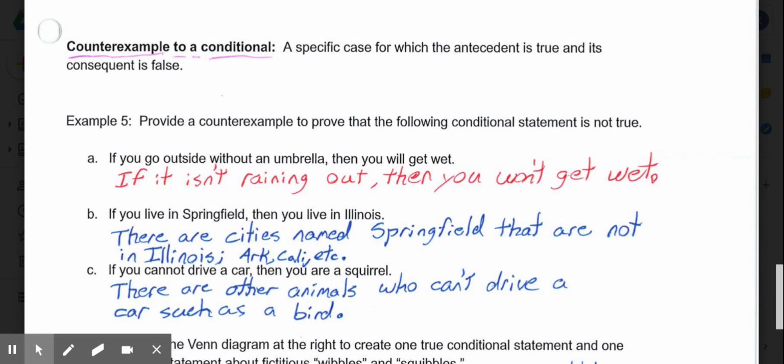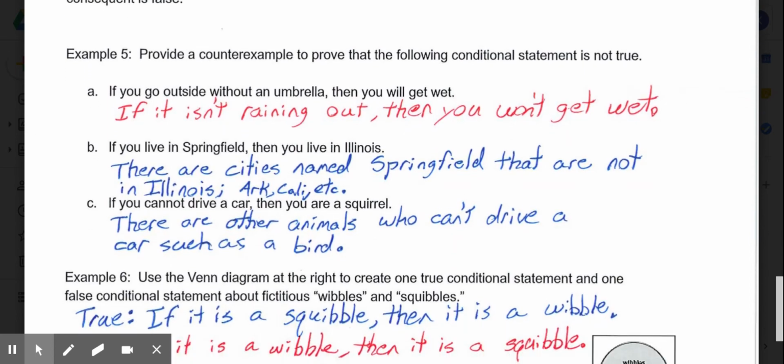Now, example 5 asks us to provide a counterexample to prove that the following conditional statement is not true. In mathematics and in geometry, to prove something is true, we have to prove that it's true in all cases. To prove something is false, we only have to prove it's false in one case, which we consider a counterexample.